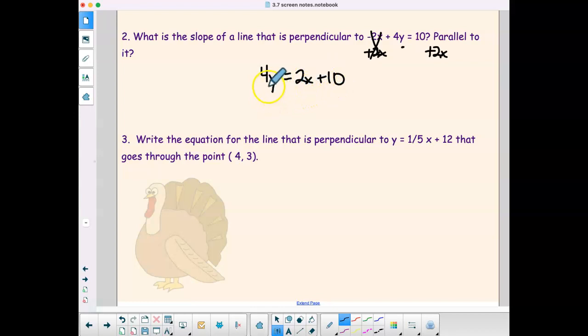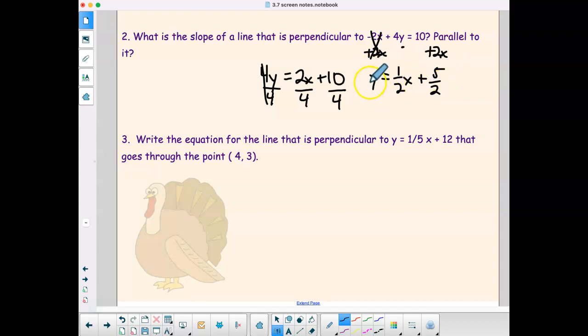And then y's not quite alone yet, so we still have to divide by 4 to get the y all by itself. So our equation in slope-intercept form: 2/4 would be 1/2 x, and then 10/4 would be 5 over 2, or 2.5 if you want to write it as a decimal, it doesn't matter.